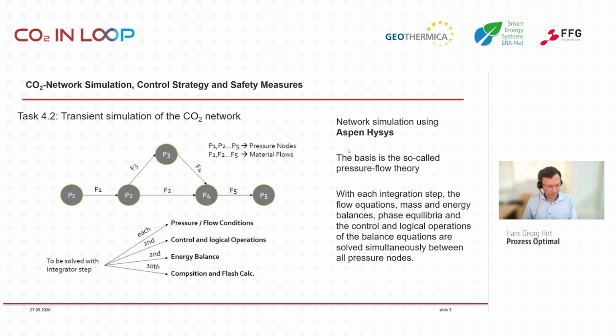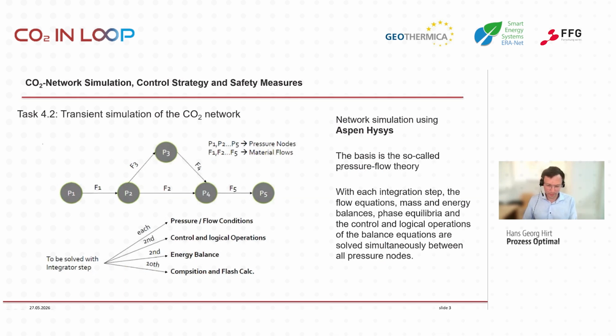And simulation is a topic where we have just the model parameters. I try to explain to you this type of simulation where you solve several equations at the same time at every position of the network.